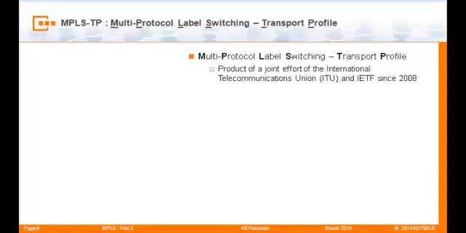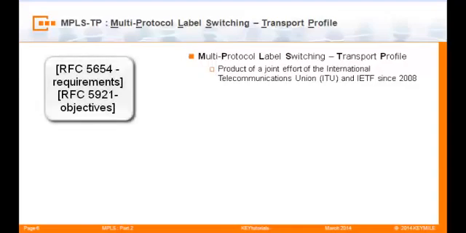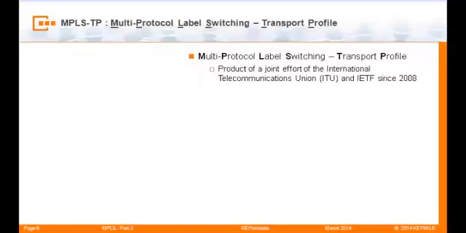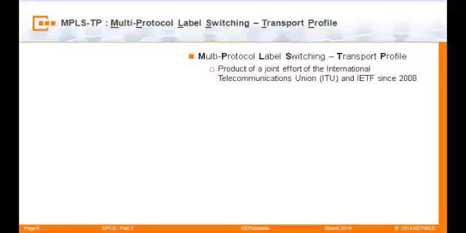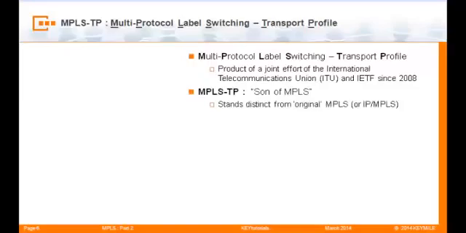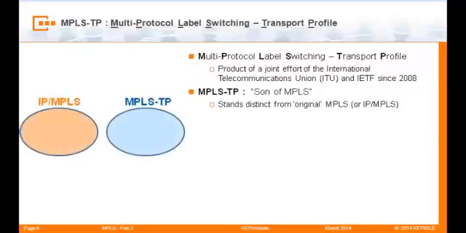MPLS TP started life in 2008, exactly 10 years after the original MPLS was launched, and it was the ITU-T and the IETF working together on the project. Actually, the ITU-T had worked alone the previous year on an aborted version called TMPLS. Now, the TP stands for Transport Profile, but what we need to be clear about is that MPLS TP is not a subset of IP MPLS.